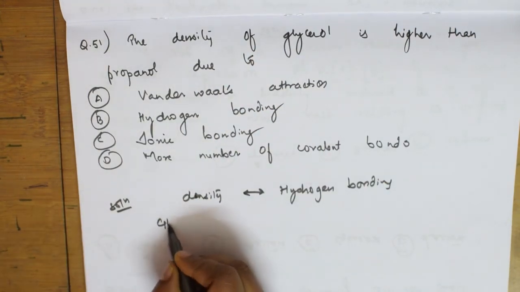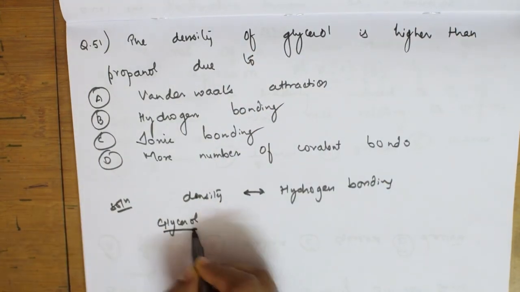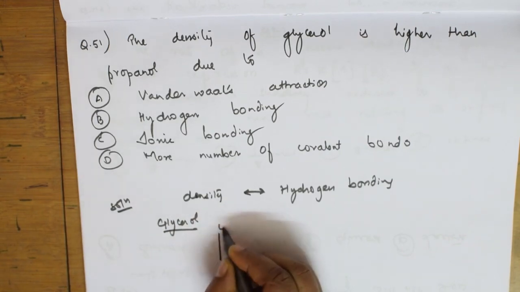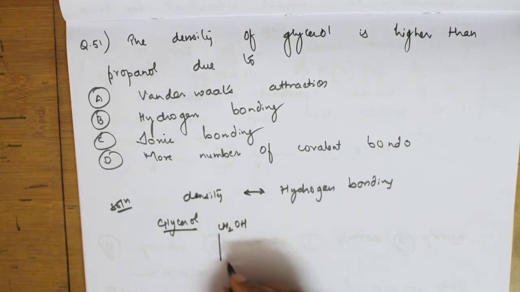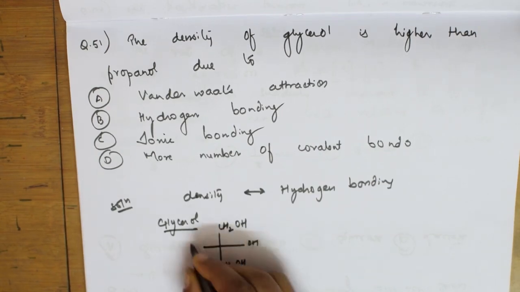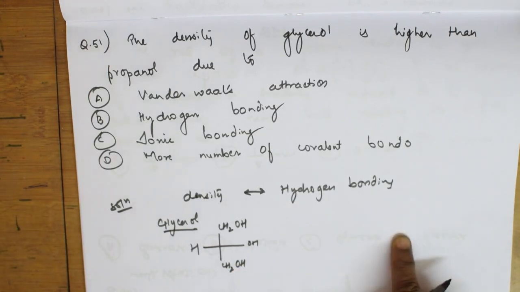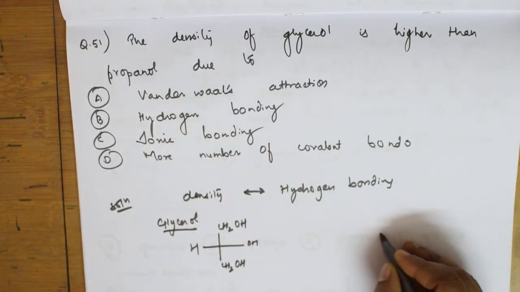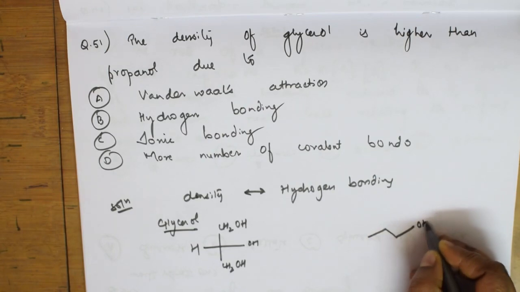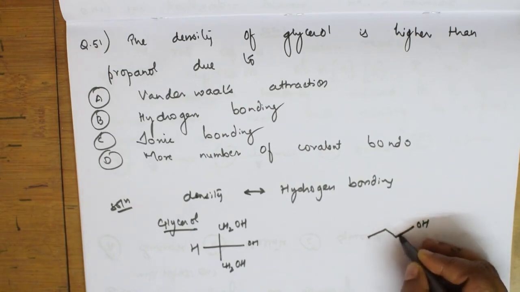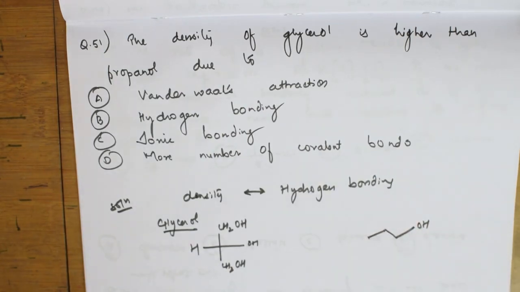So what is the glycerol structure? Basically, glycerol is CH2OH, CH2OH, OH and H. This is glycerol. What is the other one? Propanol. Propanol, OH, 1 carbon, 2 carbon, 3 carbons. Now see here, I said whenever the density concept is given to you, speak in terms of hydrogen bonding.